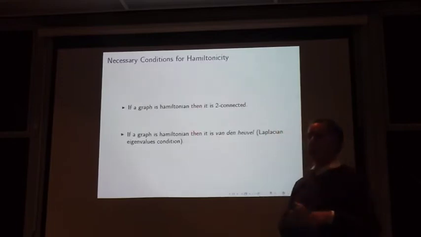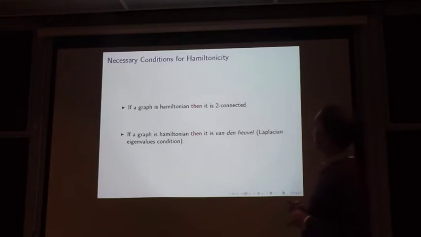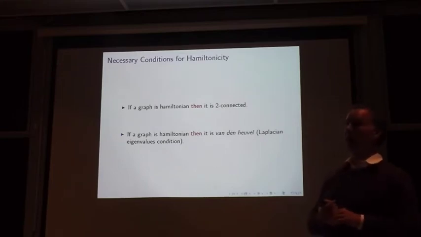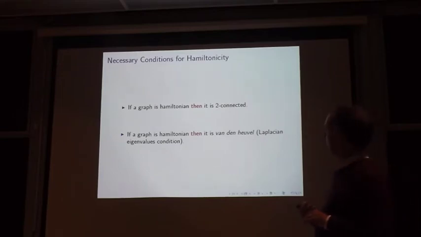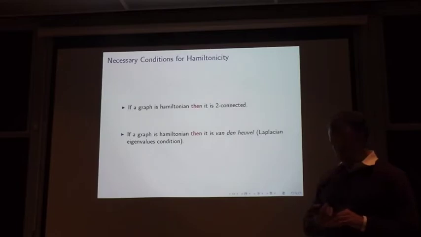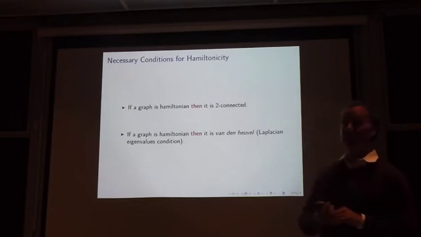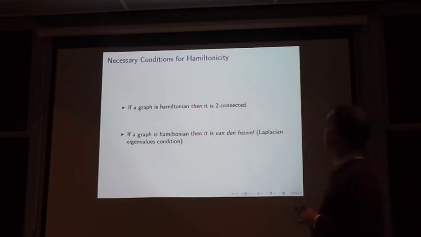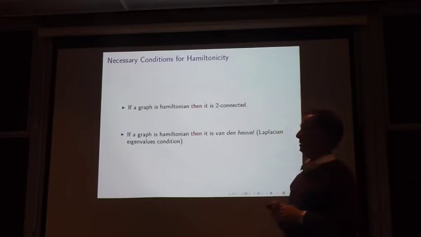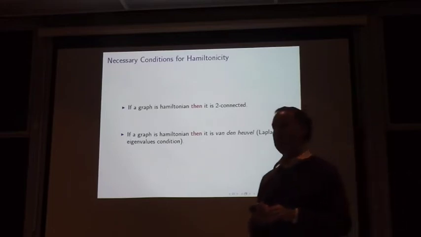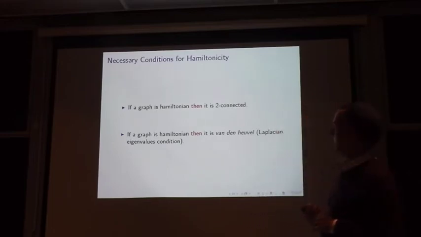There's not many necessary conditions in the literature. Ron Gould at Emory has written three big surveys on graph Hamiltonicity, and maybe there are three necessary conditions in these surveys. And I asked him once, why are there so many more sufficient conditions?